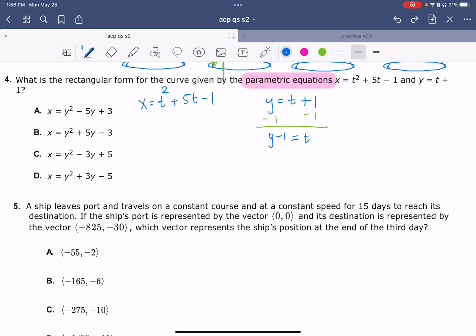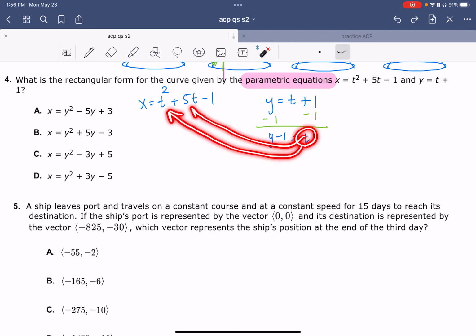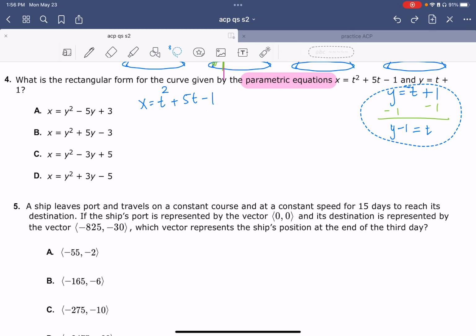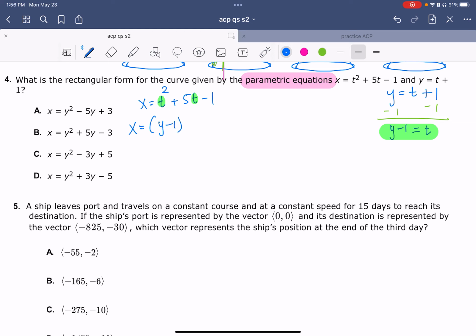So notice that now we have t by itself, and we're able to put that into these t's over here. Let me move this over, and I'm going to highlight this in green, and we're going to put those in these t's right here. So x equals y minus 1, and make sure you put it in parentheses.